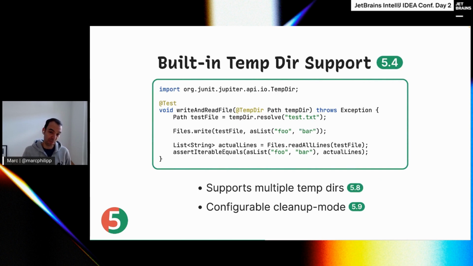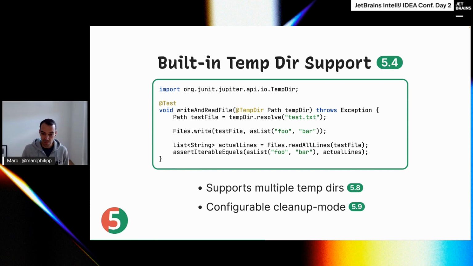There are also a lot of built-in extensions. I'm briefly going to talk about them as well. Temp dir support is one that's often useful if you want to work with files. You need some kind of temporary directories. And tempdir is a declarative way of injecting a tempdir, for example, into a method as an annotated parameter. You can also use a field, of course.